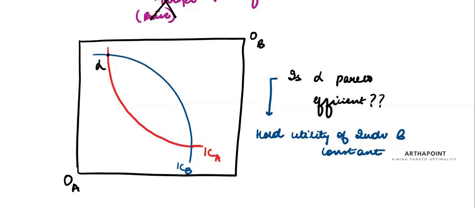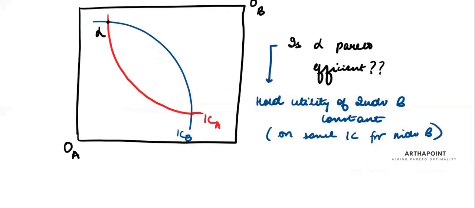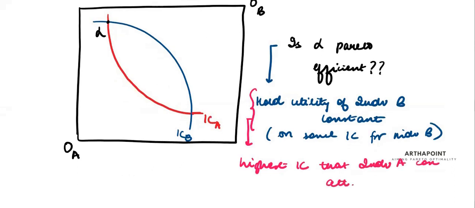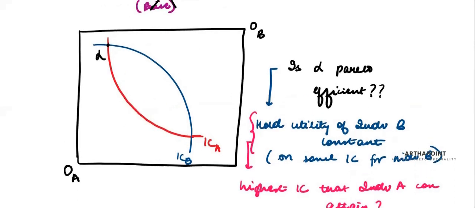I am holding utility of individual B constant, which means I will be on the same indifference curve for individual B. And now I am asking, which is the highest indifference curve that individual A can attain? So can individual A go higher? Let's see. Yes, individual A can go to a higher indifference curve.